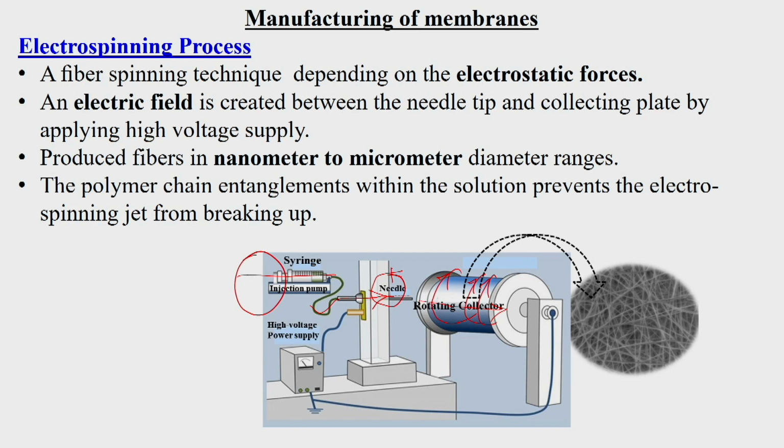Whenever we have so many rounds of the rotating disc, and the jet is coming out from the needle of the syringe, and suppose the rotating disc is negatively charged, then due to this charge distribution, whenever the polymeric fiber comes out, it will be wound on the rotating disc collector, and ultimately it will be obtained as the film.